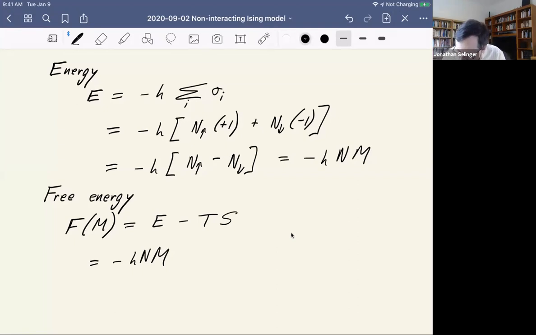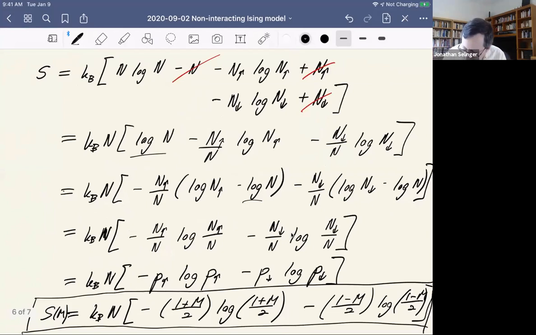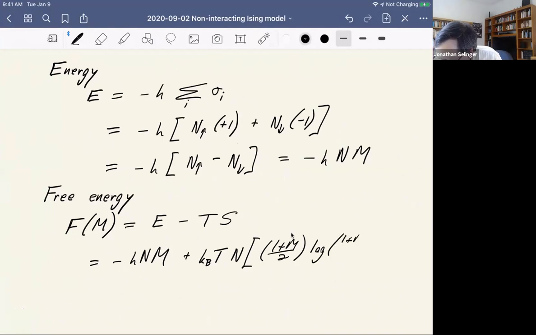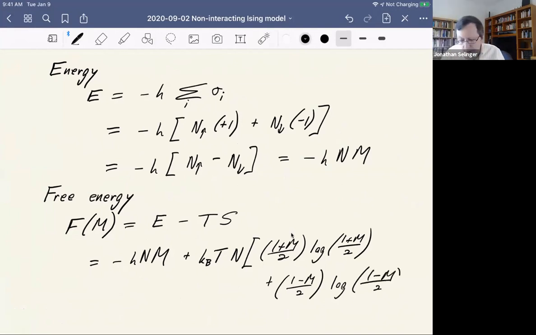So using this, and I'll cancel the minus signs, it's this plus kTN times (1 plus m over 2) log (1 plus m over 2) plus (1 minus m over 2) log (1 minus m over 2).